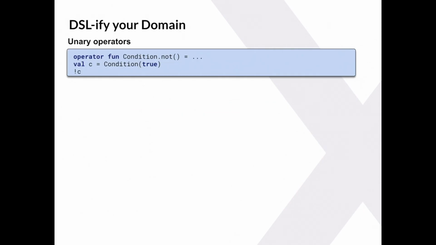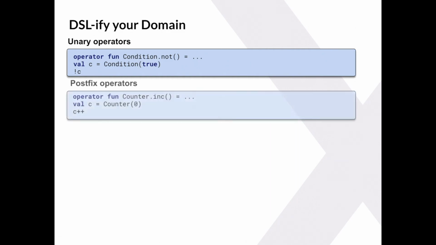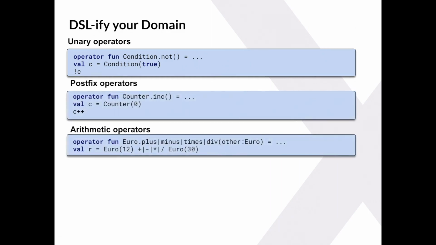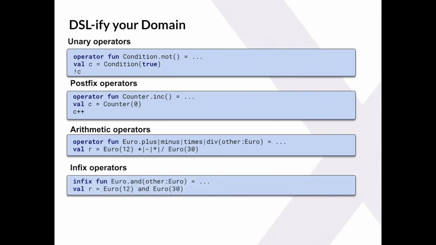That's using all the other operators we have. We have not, we have increment, you have plus, minus, we talked about them. You have infix, heard of infix? You've probably used it in tests, or maybe also in your code. It's again a very simple construct.